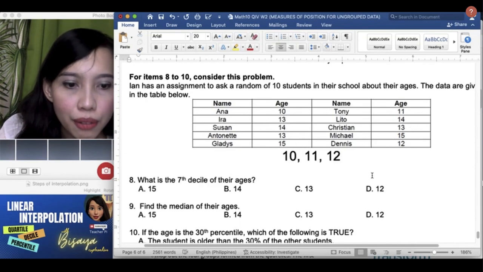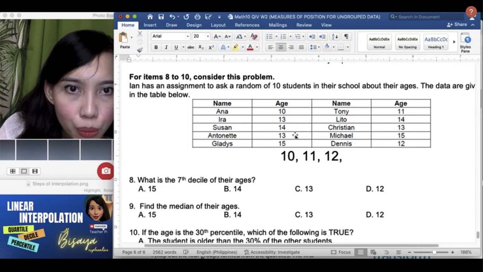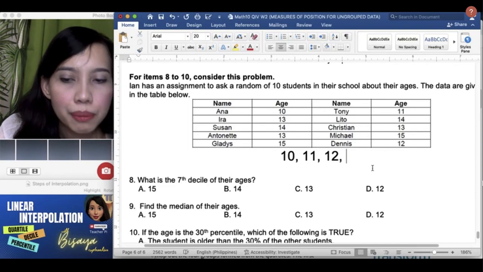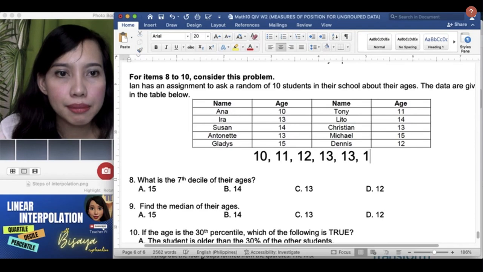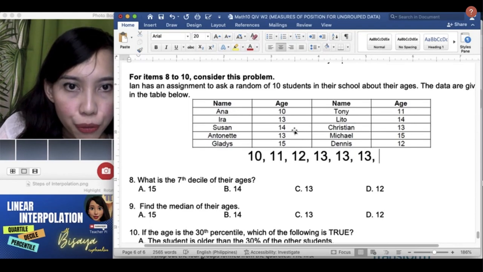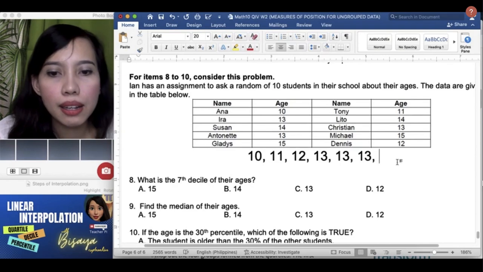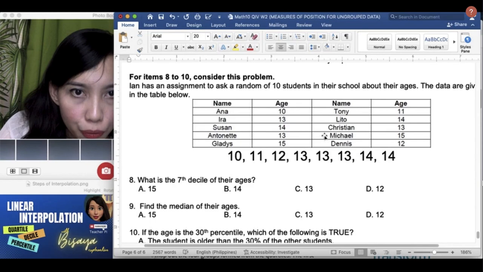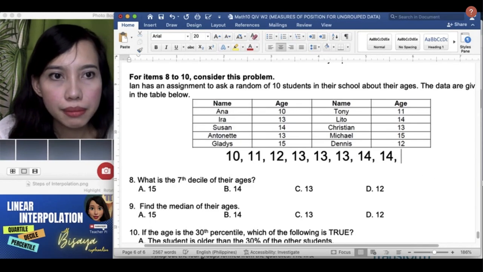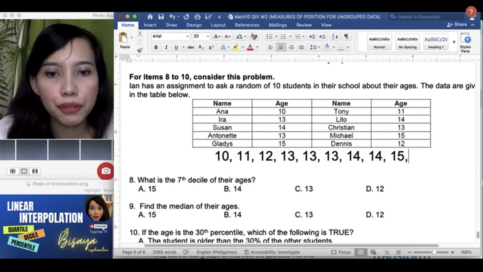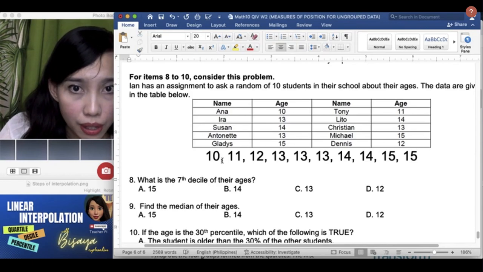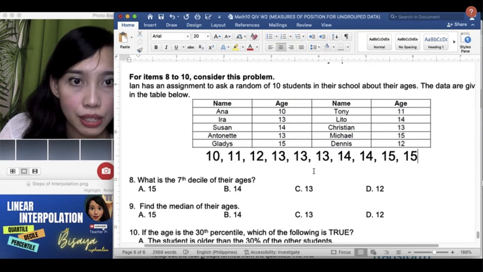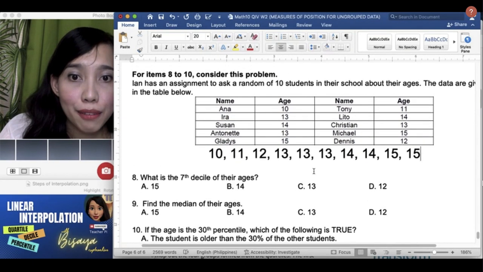I have one 12. 13. 1, 2, 3. Three 13s. 14. Two. 15. Two 15s. And that's all. 1, 2, 3, 4, 5, 6, 7, 8, 9, 10. There are 10 students. What is the 7th decile of their ages?